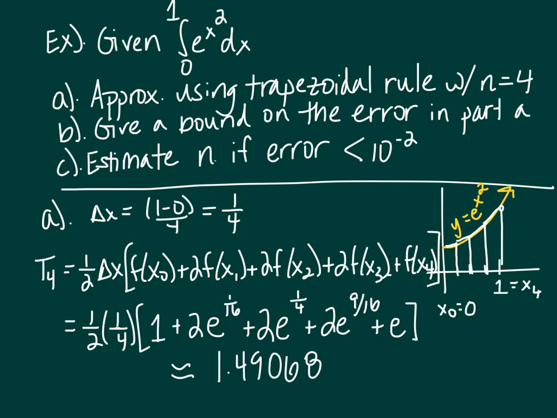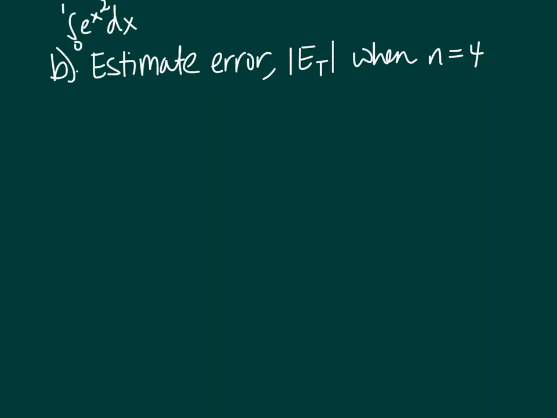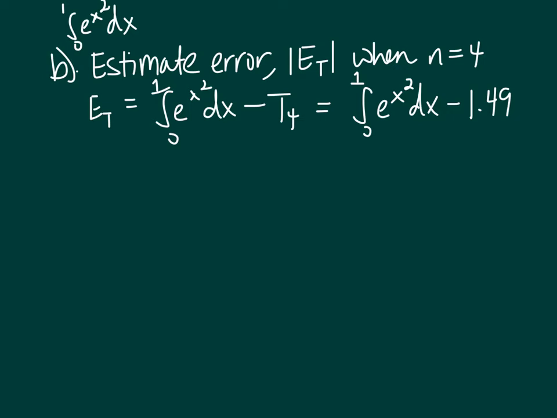So again, put this on pause, and then using the error bound that we gave in class, see if you can bound the error. In this problem, we're now going to estimate the error in our approximation from part A. So just so we can even understand what this notation means, this is saying I'm going to take the actual value, which I've been trying to find, and then subtract the estimate I got in part A. And in that case, I'm just going to round it to the nearest hundredth.